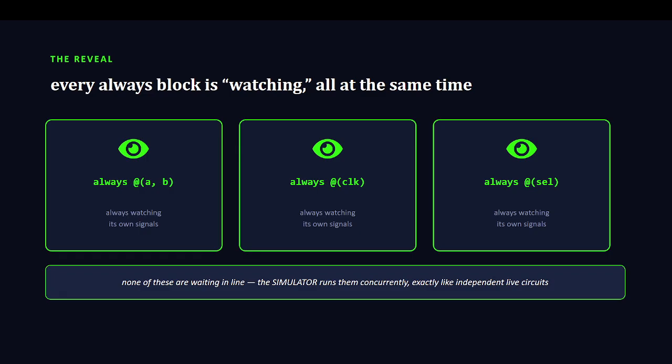The moment clock changes, that second block fires, completely independent of whether the first block has finished or even fired at all. There is no finishing, there is no order. They are just all live all the time, exactly like the gates on the breadboard.